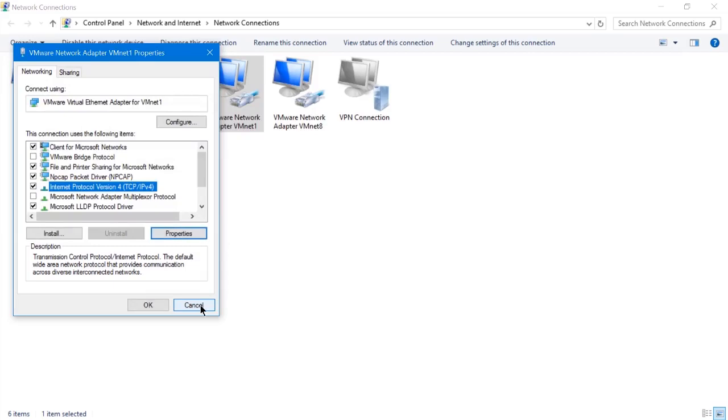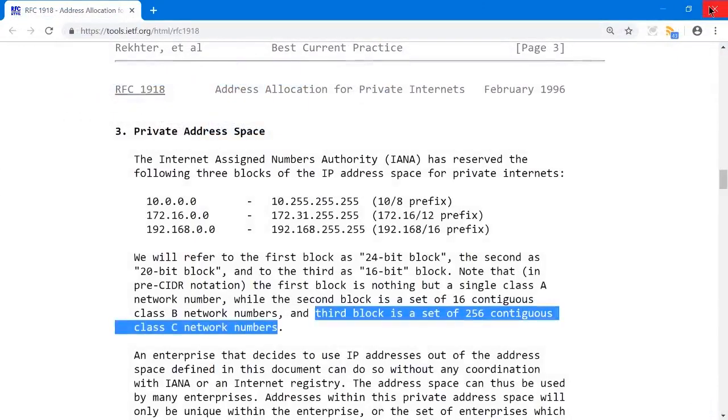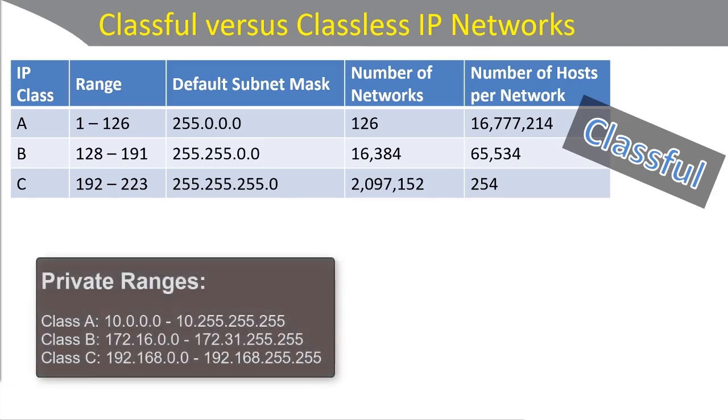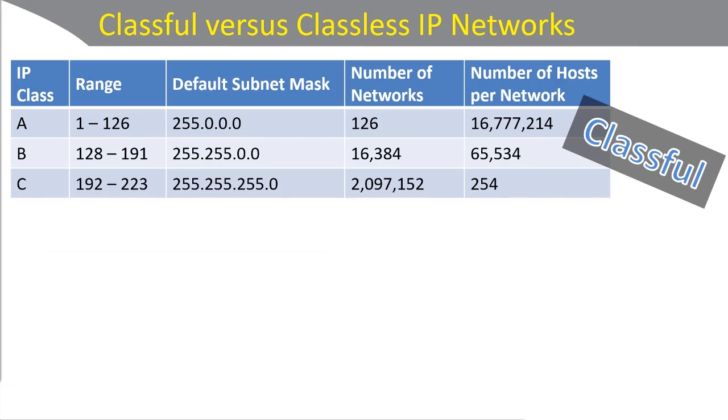So this is the way it was for a long time. Classful networks, and we'd use private ranges that I just showed within those classful networks. But in the beginning of the millennium, there was a big shift over to classless, where you could use any subnet mask for any network number.